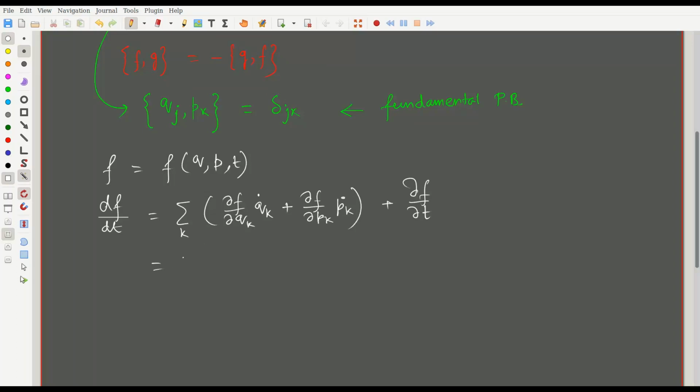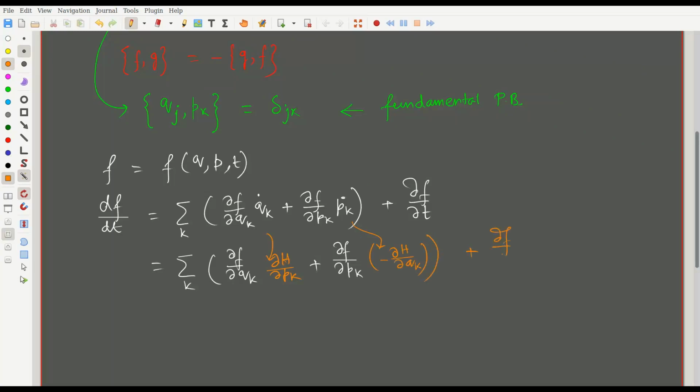And again, if you use Hamilton's equations, then this is ∂F/∂Q_K times Q_K dot, which becomes ∂H/∂P_K, and then you again have ∂F/∂P_K, and this P_K dot is again minus ∂H/∂Q_K, right?